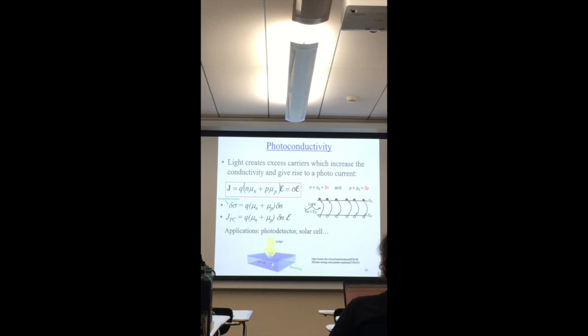As you can see, if we shine a light, you get additional current. This is very useful. We can use this property to make certain applications. We can use this to make a photon detector: based on the current, we can determine the photons. And the solar cell is also based on this principle.